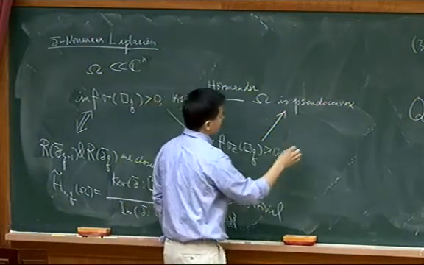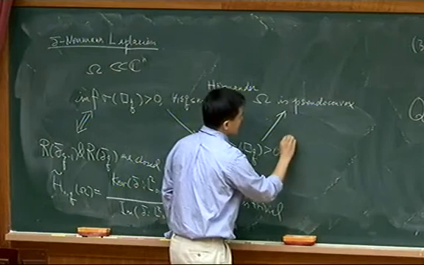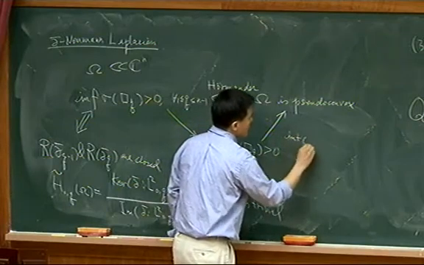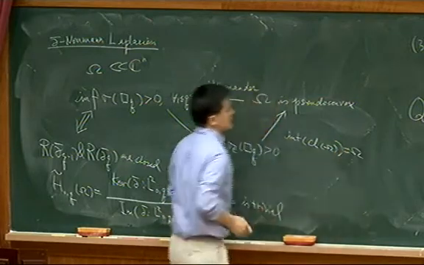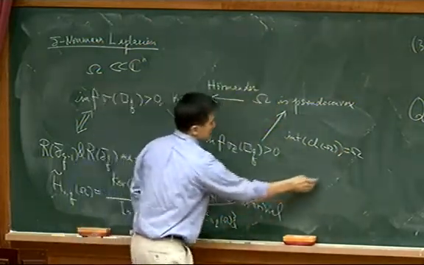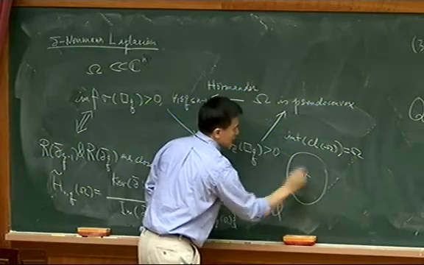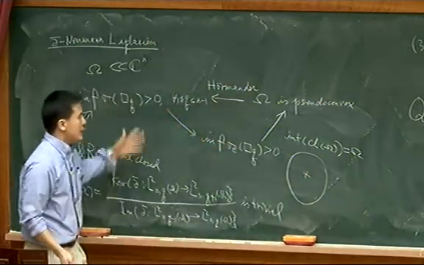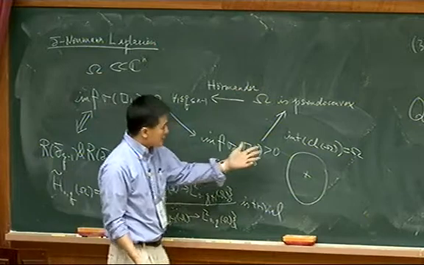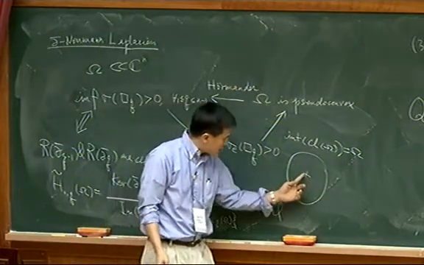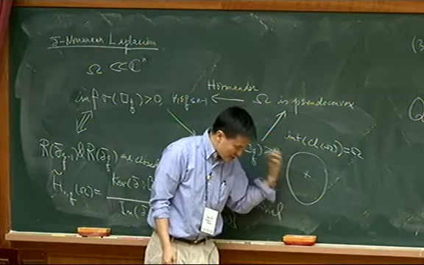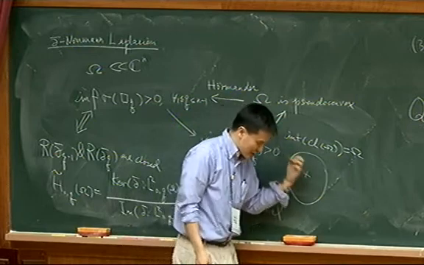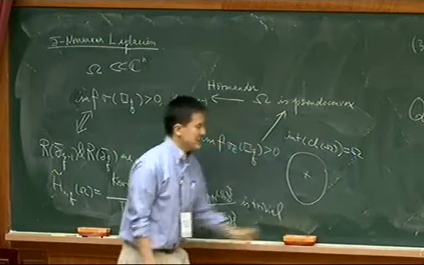For example, this would hold if the interior of the closure is the domain itself. So then you eliminate the situation where you have a ball and delete the center, where in the L2 setting the spectrum after you delete the point would not change. It's the same as the spectrum of the ball itself.